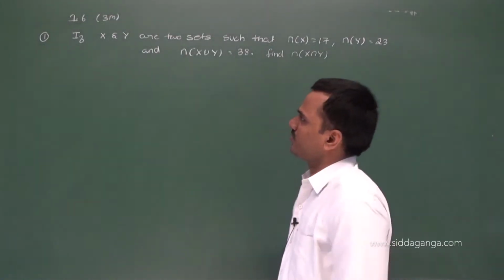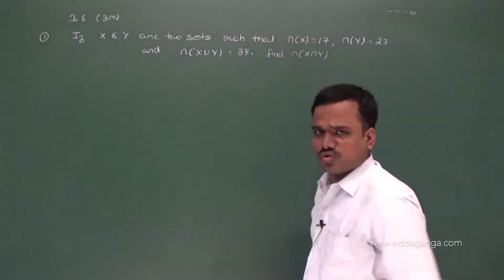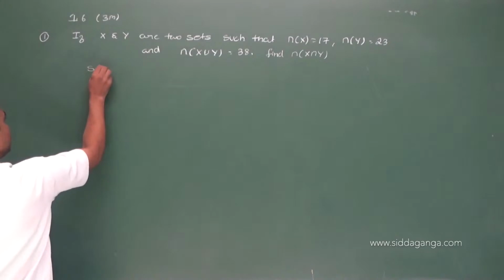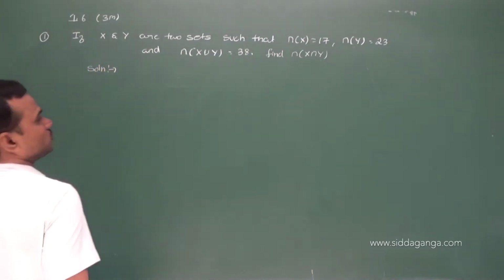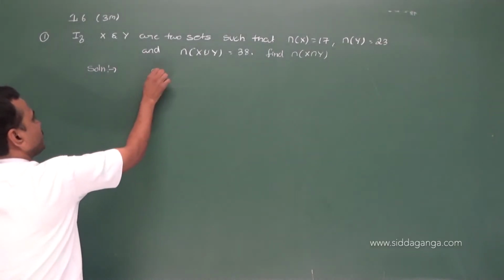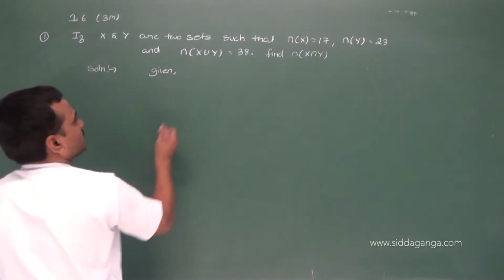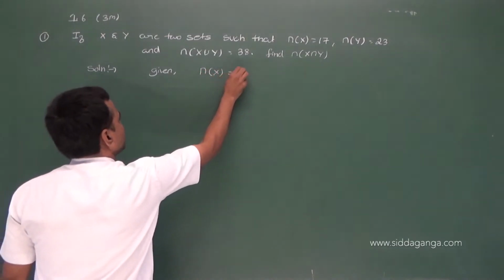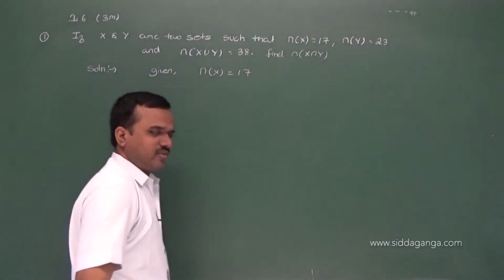See the problem. X and Y are two sets. Solution. Given, first, n of X: the total number of elements present in set X is 17.